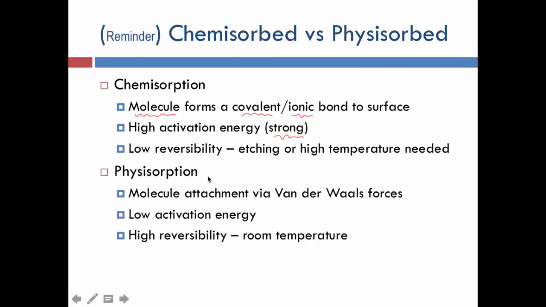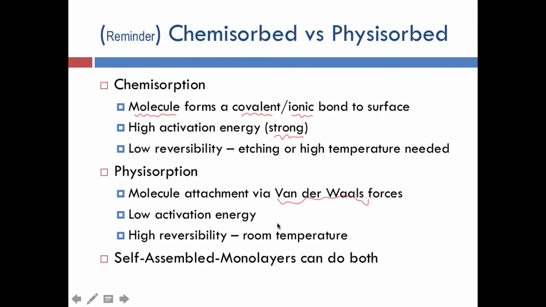Now, conversely, there's another way that the molecules can attach to a surface, and that is a physisorption. And in this case, there is an attachment that has to do more with van der Waals forces. And as we recall from the last set of videos, these are relatively weak, and so these can be broken relatively easily, and so they can be reversed fairly easily in room temperature.